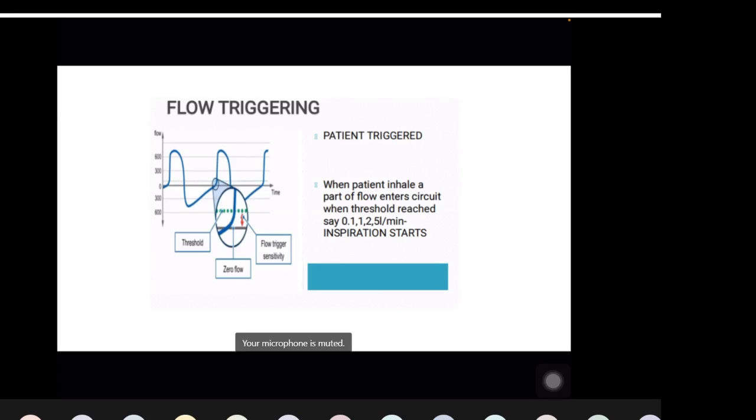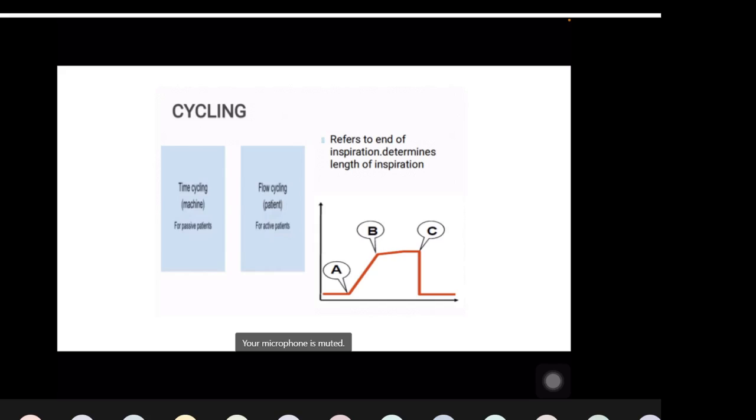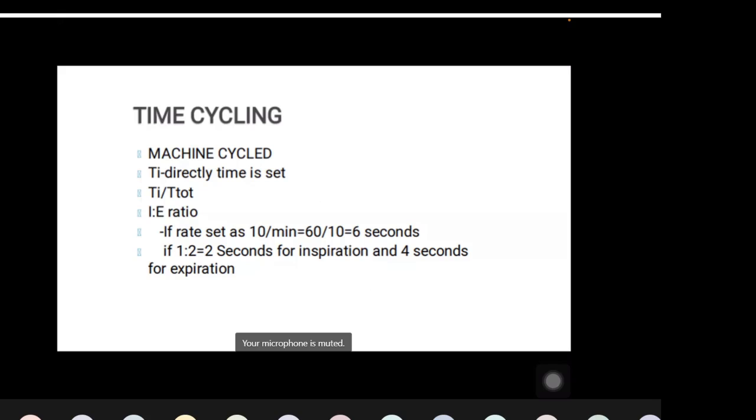Now coming to cycling. Cycling refers to the end of inspiration. It can be either time cycling or flow cycling. It determines the length of inspiration and at what point the inspiration changes to expiration. When it is time cycling, we set the inspiratory time based on the Ti by T total ratio or I:E ratio.